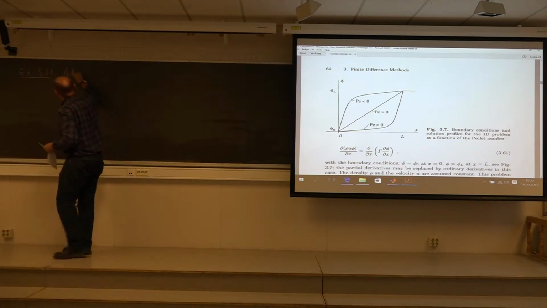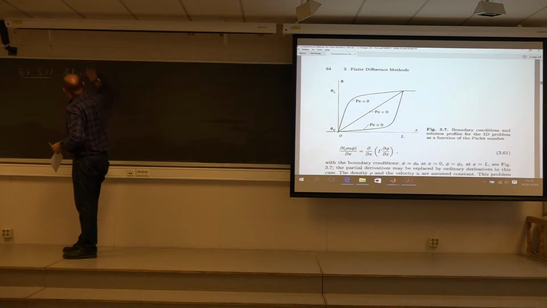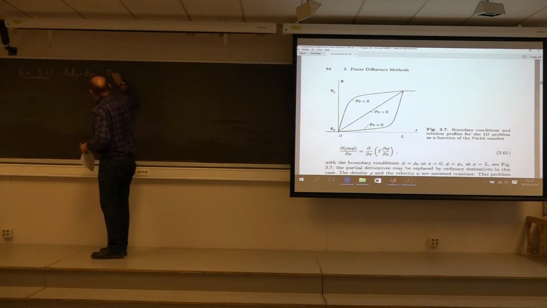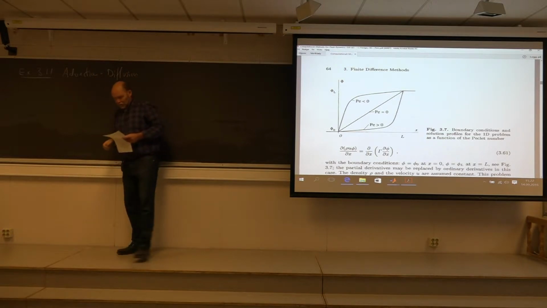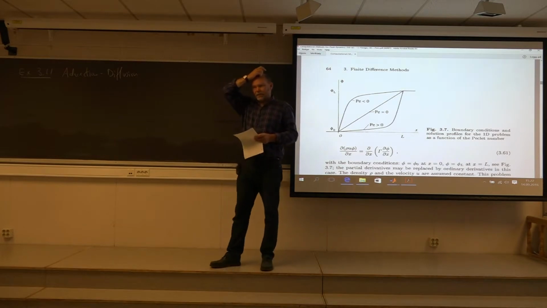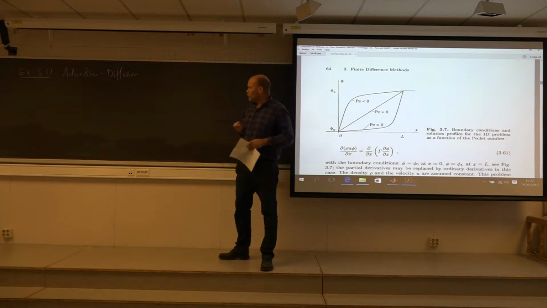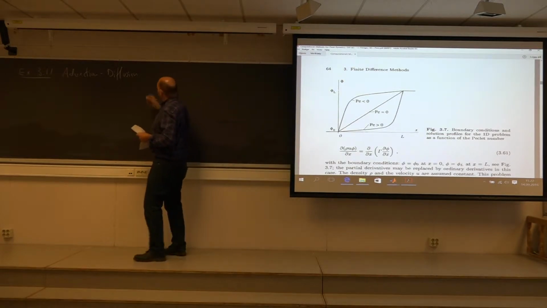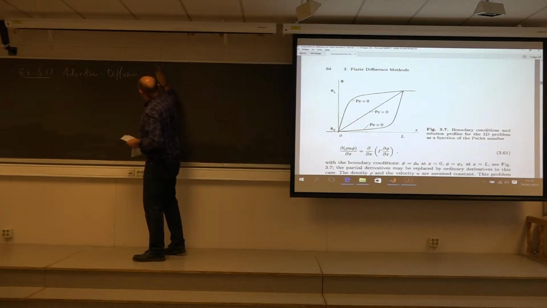It's a one-dimensional advection diffusion equation, advection and diffusion. But it's not transient. We don't have a time derivative, so only steady state. The equation looks something like this.